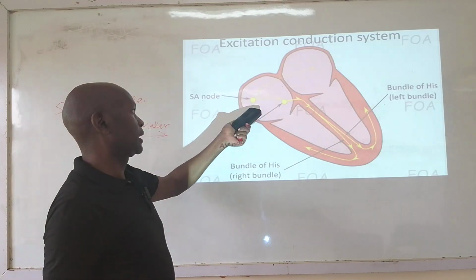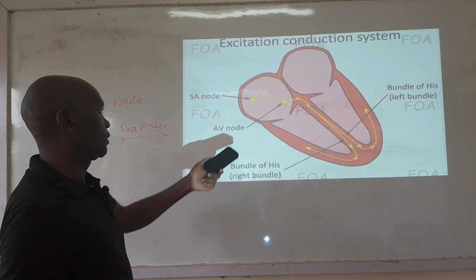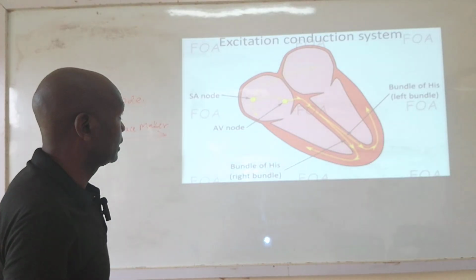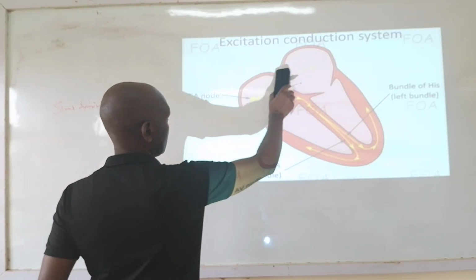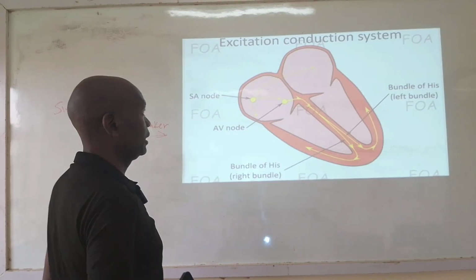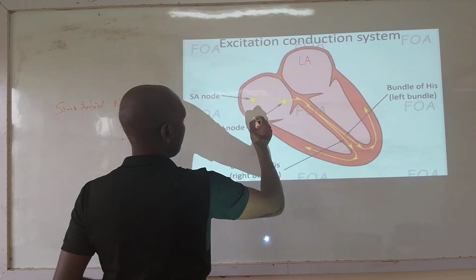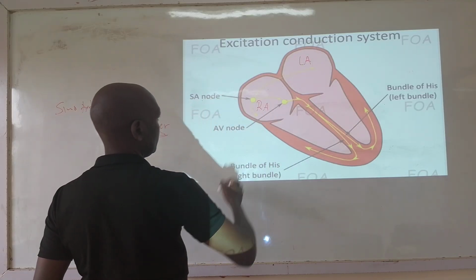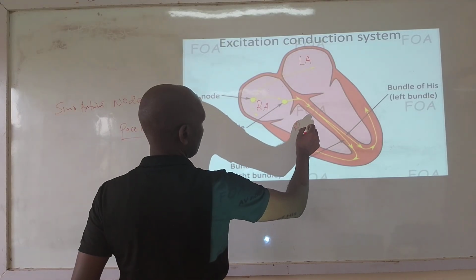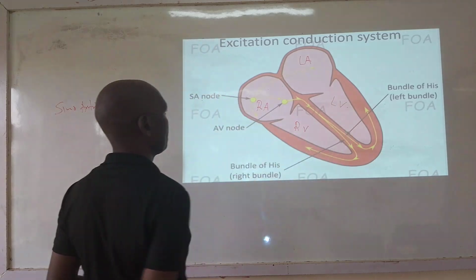So automatically the electrical potential originates at this point. Then it is pumped towards the left atrium. This is the left atrium here. This is the right atrium. This is the right ventricle. This is the left ventricle.